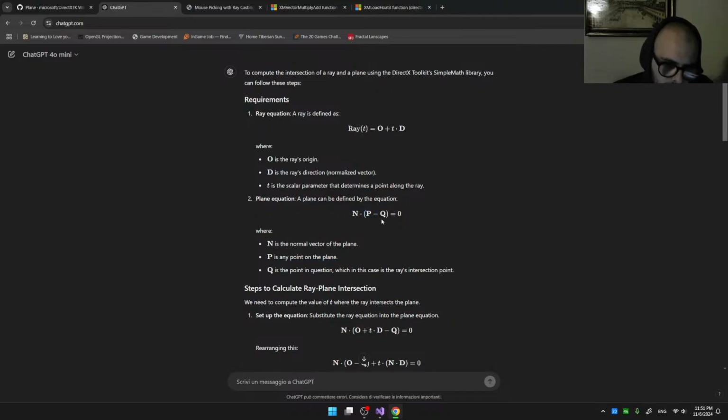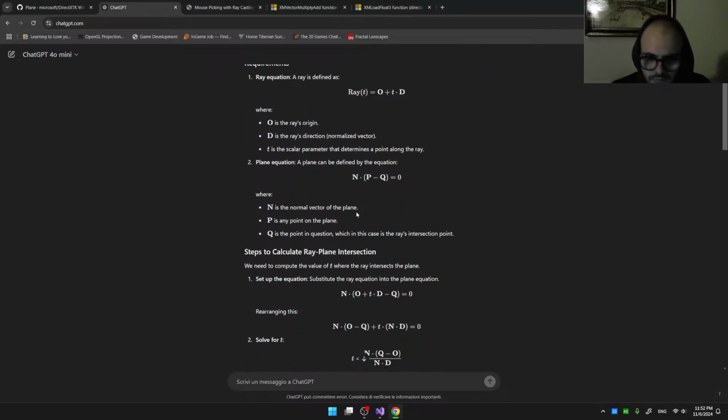P is any point on the plane, Q is the point in question, which in this case is the ray's intersection point. The dot product must be 0, meaning that these two need to be perpendicular.